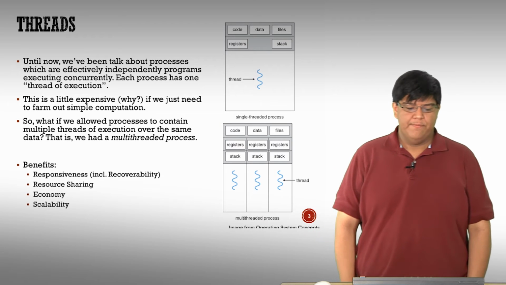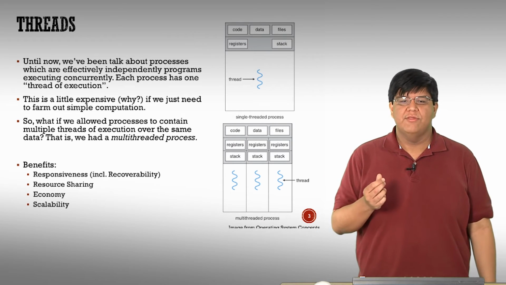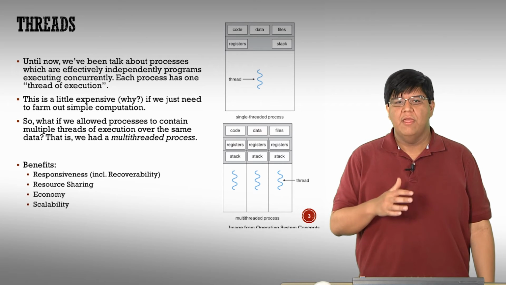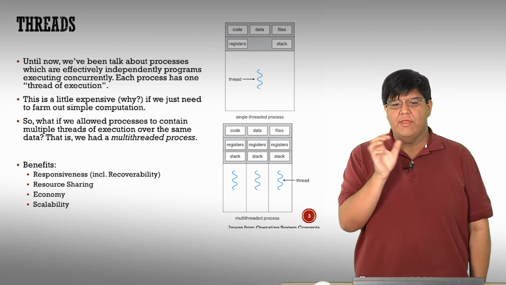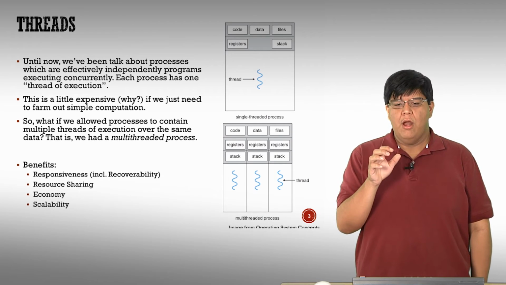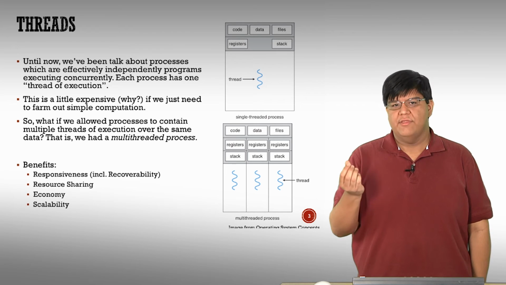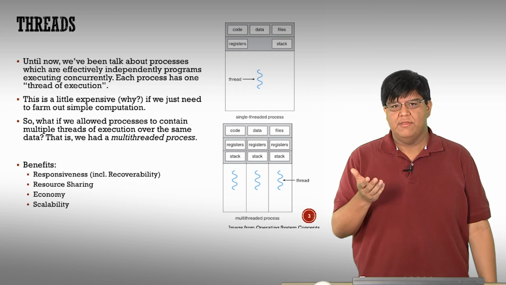Responsiveness, well, let's think for a second about our web browser. You're probably using Firefox or Chrome or Safari to watch this video. In that browser, you have different pages that are open. And sometimes there are issues where you are browsing, and all of a sudden a web page hangs. Well, in the old days when you had a single threaded process, that was it.